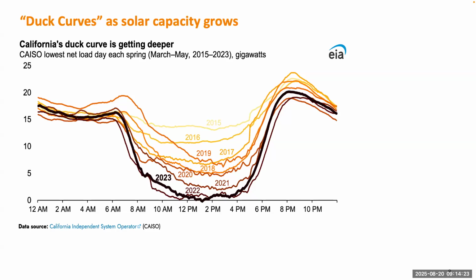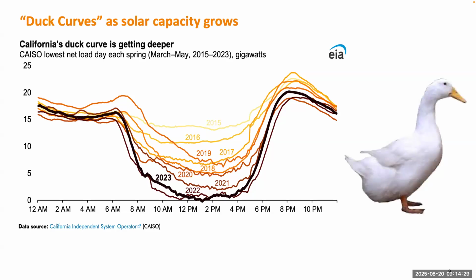So there will be more reliability challenges because you want to balance the load in real time. In the late afternoon, around sunset, solar generation will largely decrease, and then you need a conventional generator to back up the reduction of solar generation.